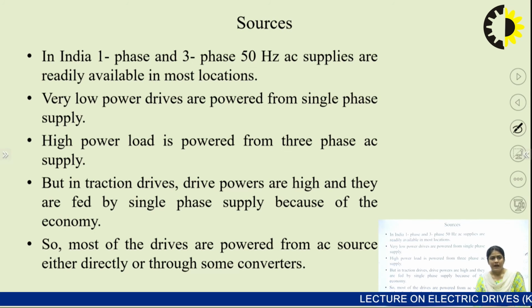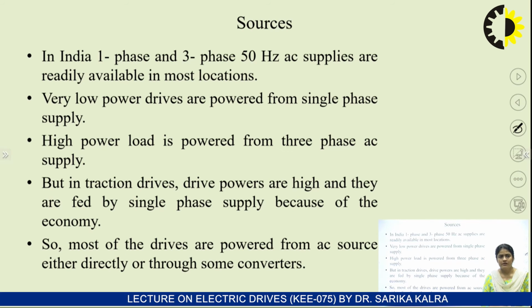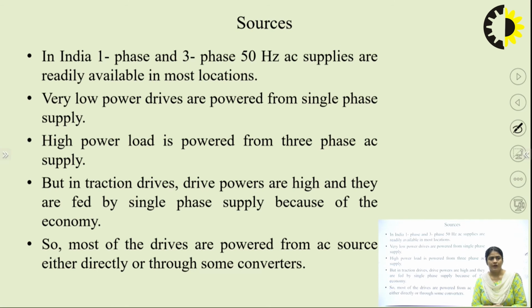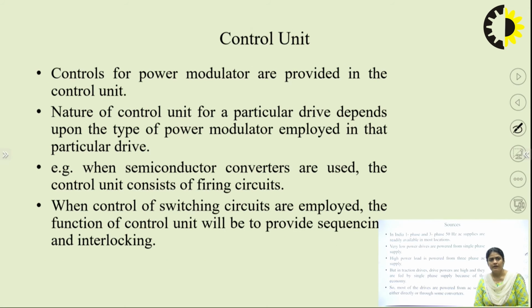But in traction, generally the single phase is used for economy, to reduce the cost. Most of the drives are powered by an AC source because AC is easily available. If you need a DC, you must convert the AC to DC, then you will get the DC supply, right?